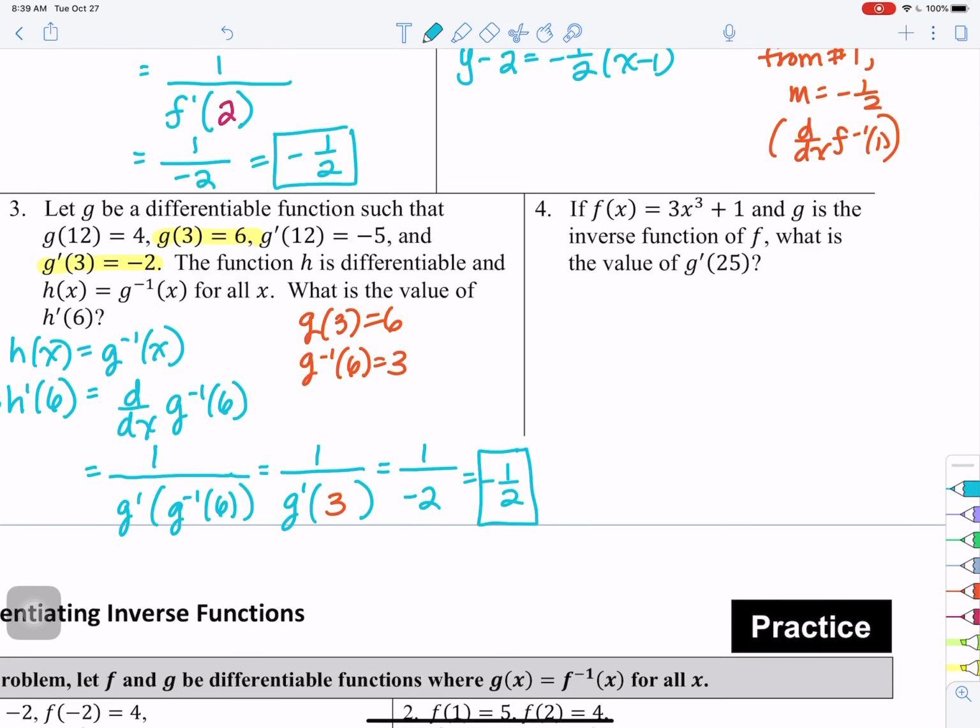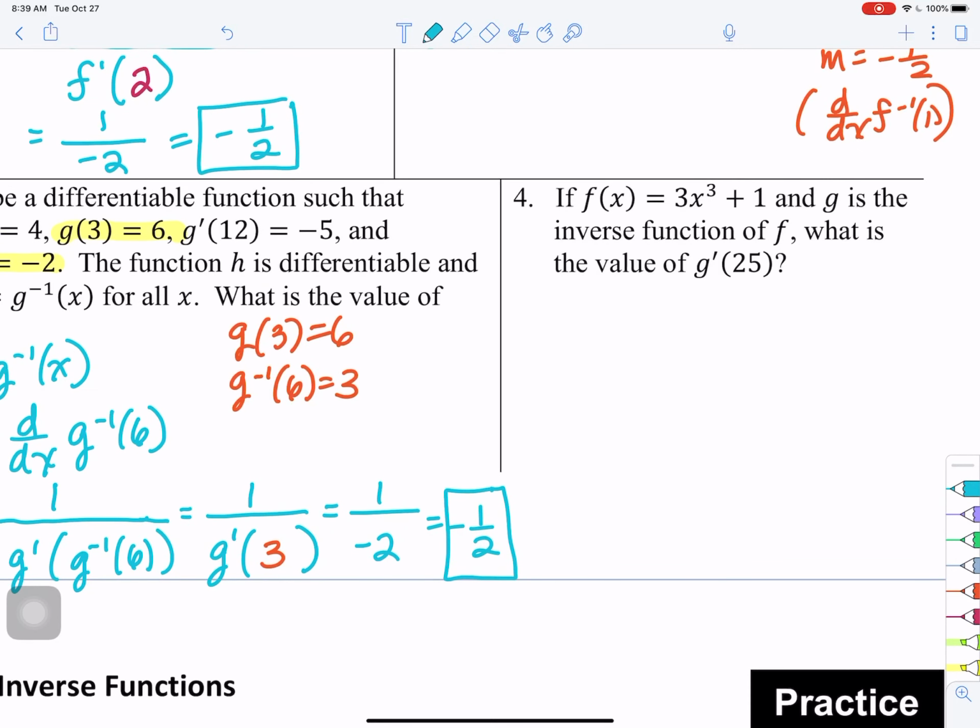Now, this is probably as difficult as these questions get. Okay, so we need to write a few things out, figure out what they're asking for. We want to find the value. What is the value of g prime of 25? So really, let's write that a little bit nicer. They tell us that g is the inverse of f, okay?